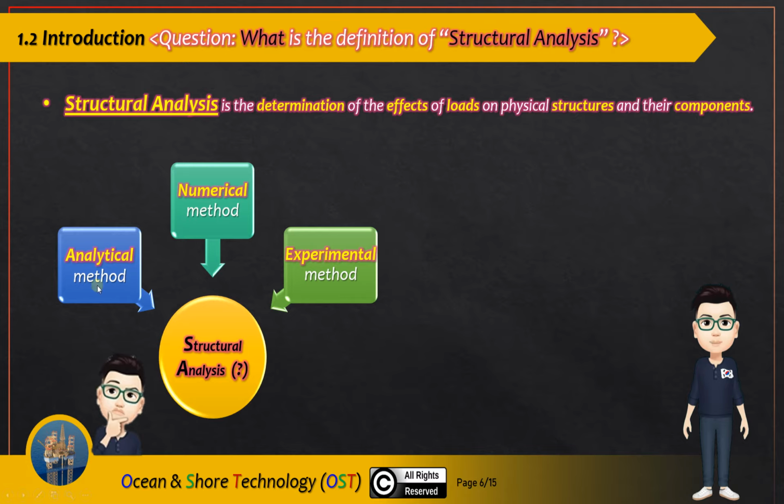The analytical method gives us the absolute solution, but if the structural shape is much more complex, it might be difficult to set the governing equations and the boundary conditions. That is why most engineers nowadays prefer to use the numerical method.